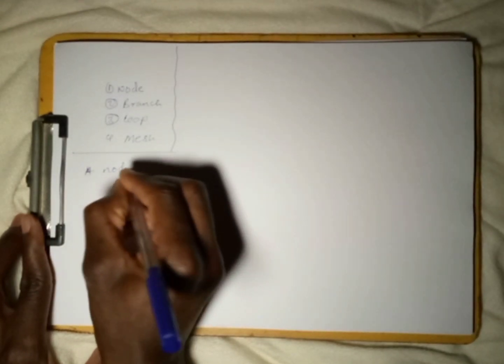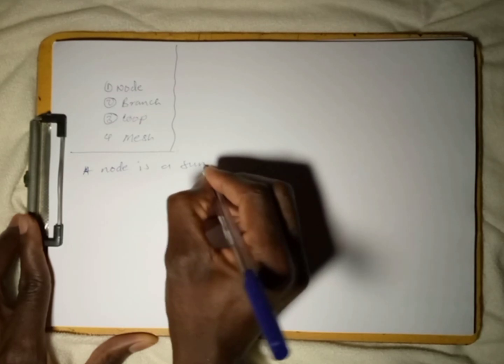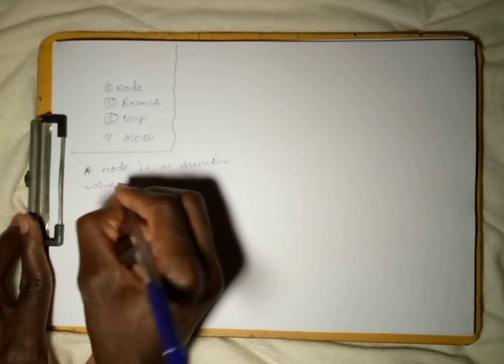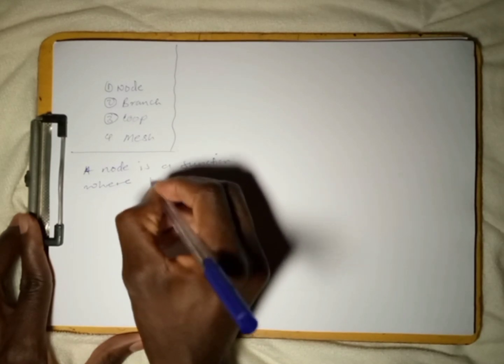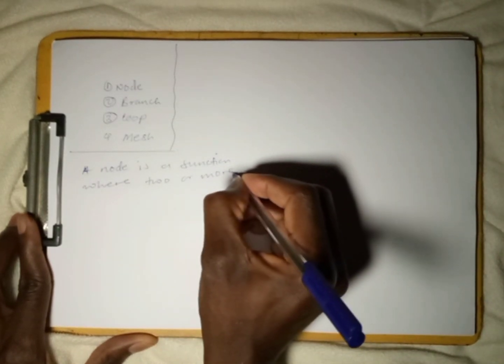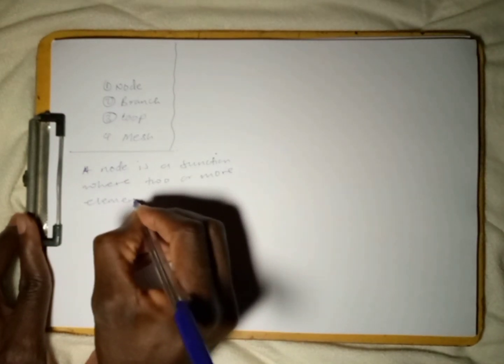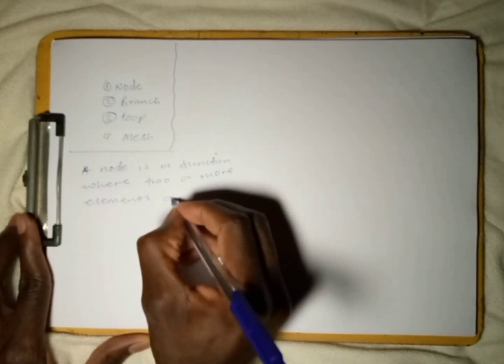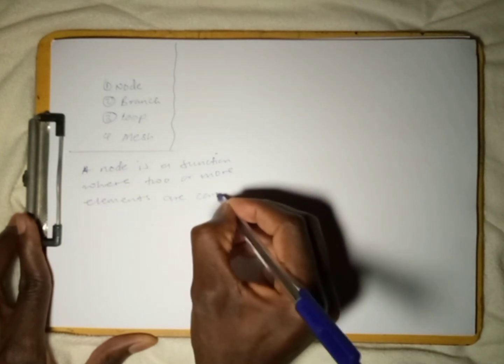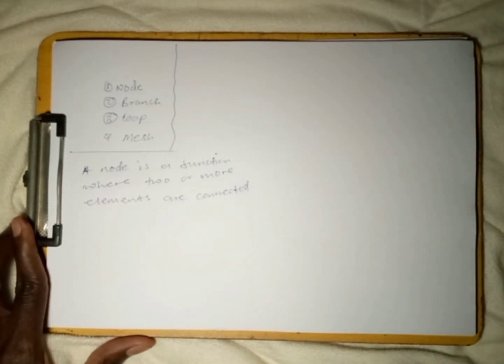Okay, so a node is a junction where two or more elements are connected.